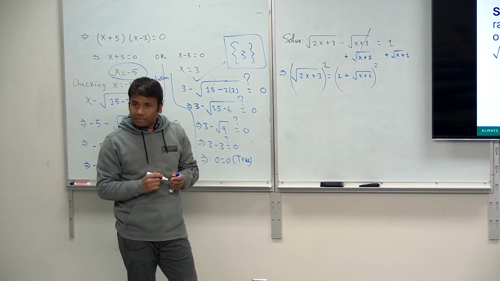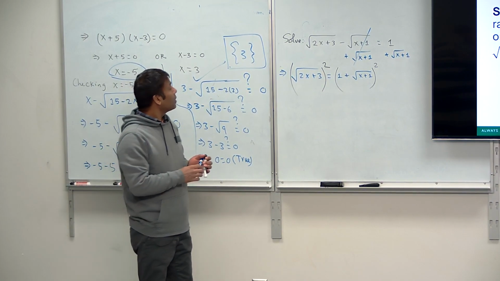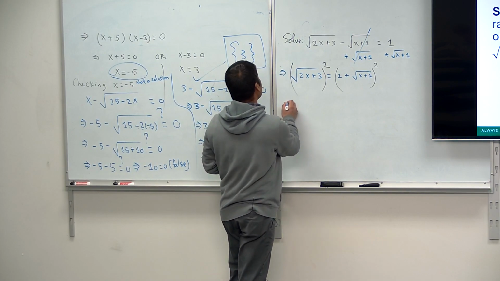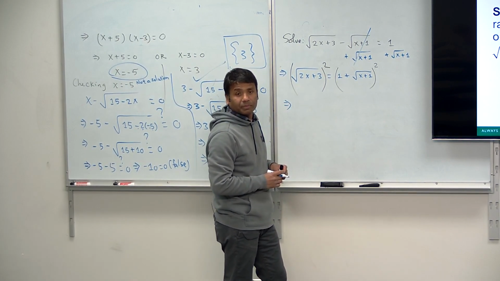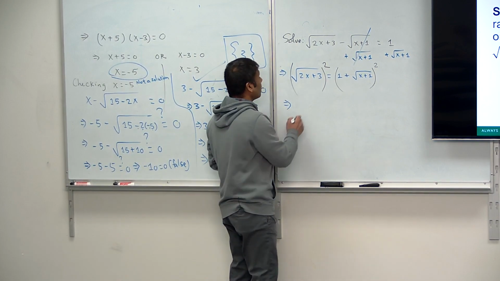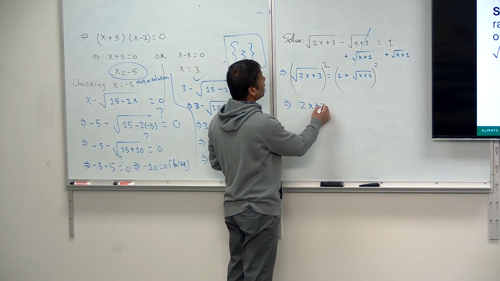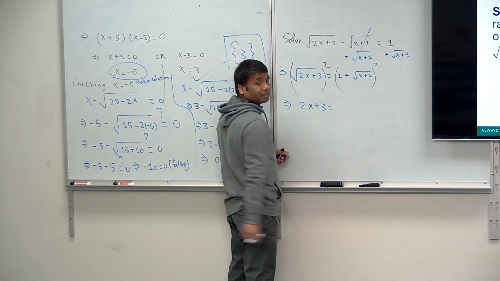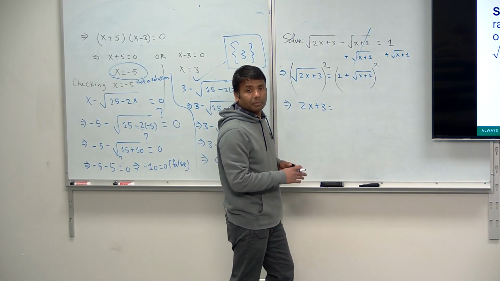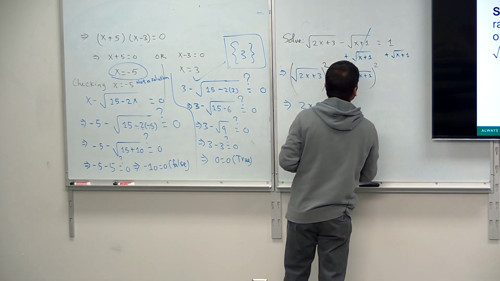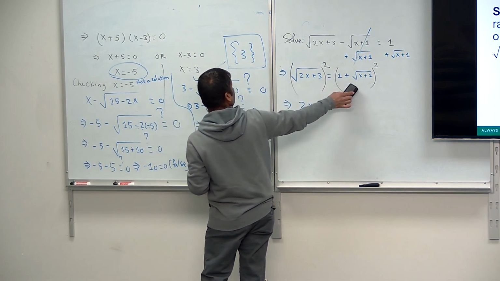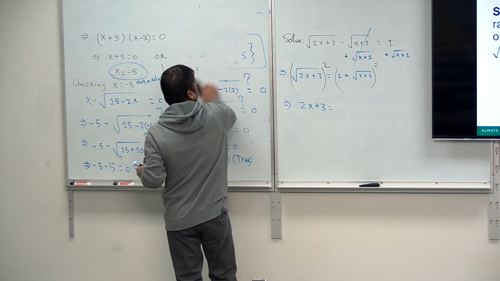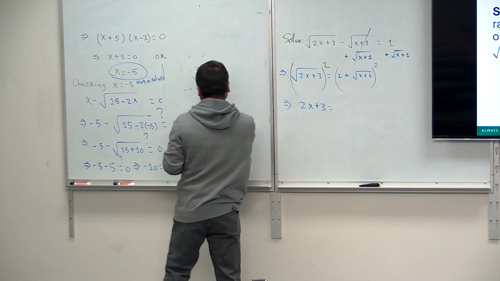That makes sense, right? So now what is this, guys? Radical 2x plus 3 squared. Yep. Good job. This is 2x plus 3. Now, what is this? So how do you simplify this? 1 plus radical x plus 1, squared.